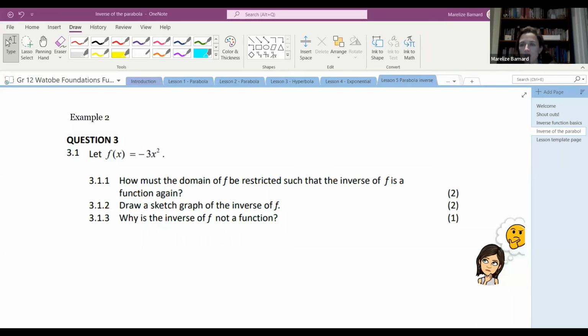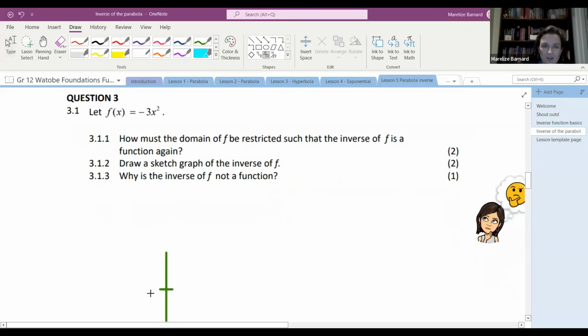Okay, so we're going to restrict the domain by either just looking at the positive x's or just looking at the negative x's. Okay, it is 10-2, so I did say we're going to look at it at 10-2.